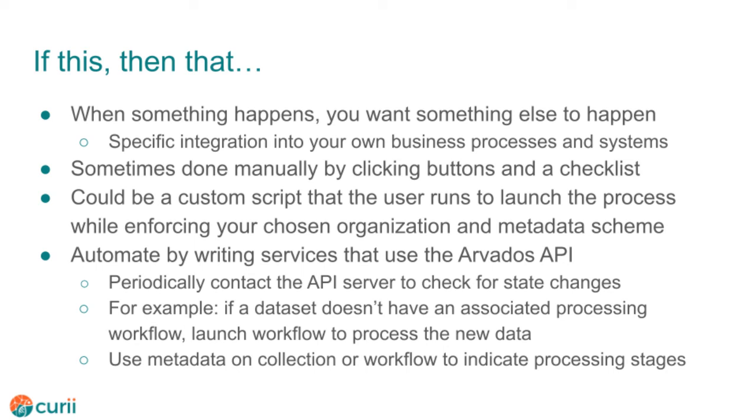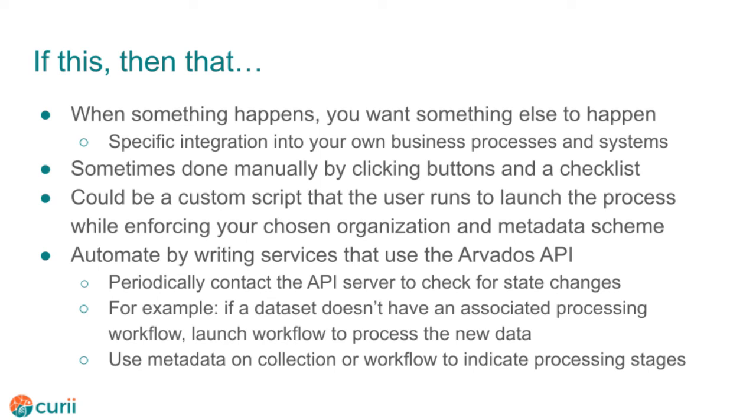This might be basically manual. An operator checks to see that data collection is completed, so they click a button to upload the data. Then later on, they check to see if the data upload is completed and click another button to launch the workflow, and so forth. However, if you can, you probably want to automate this by writing scripts.